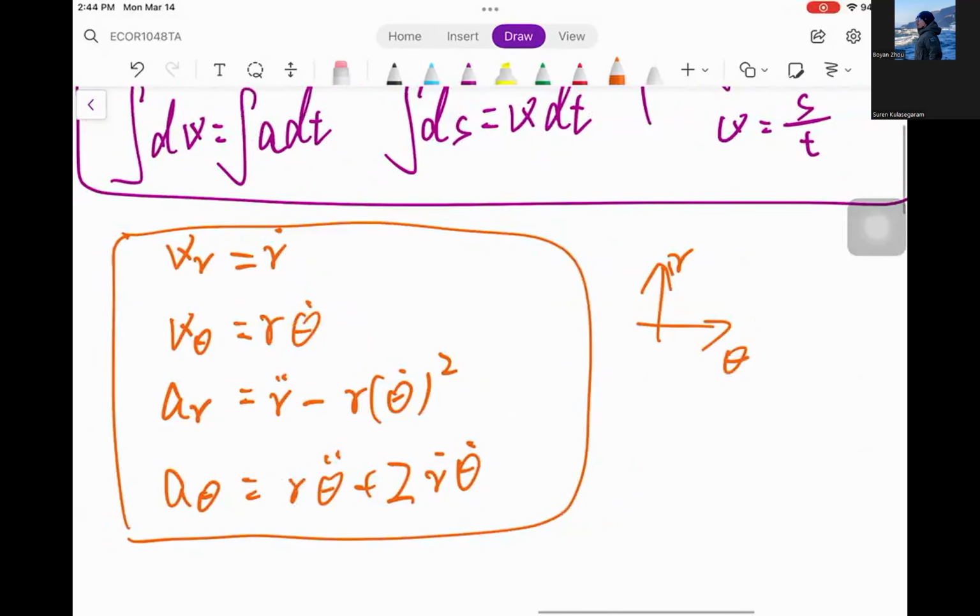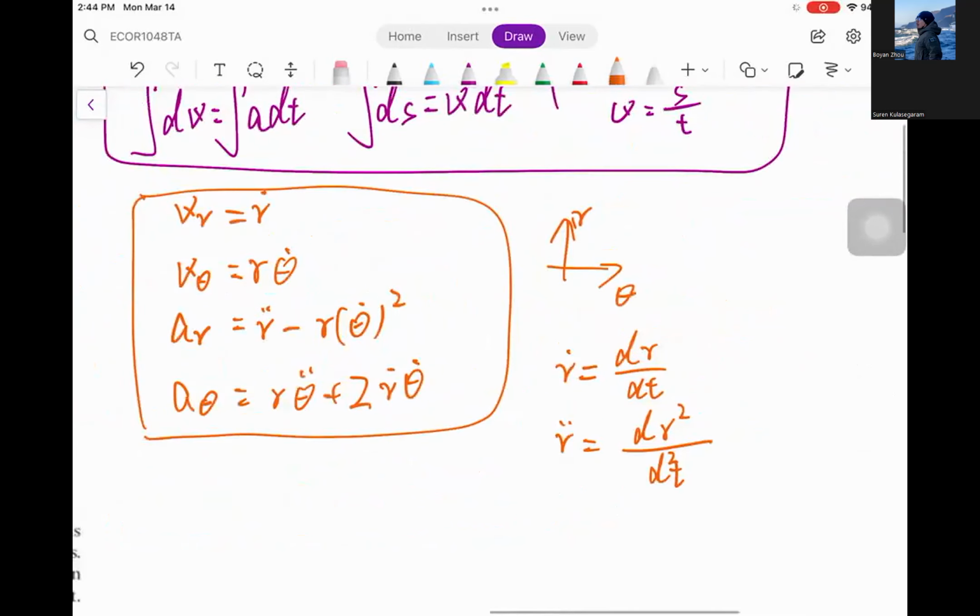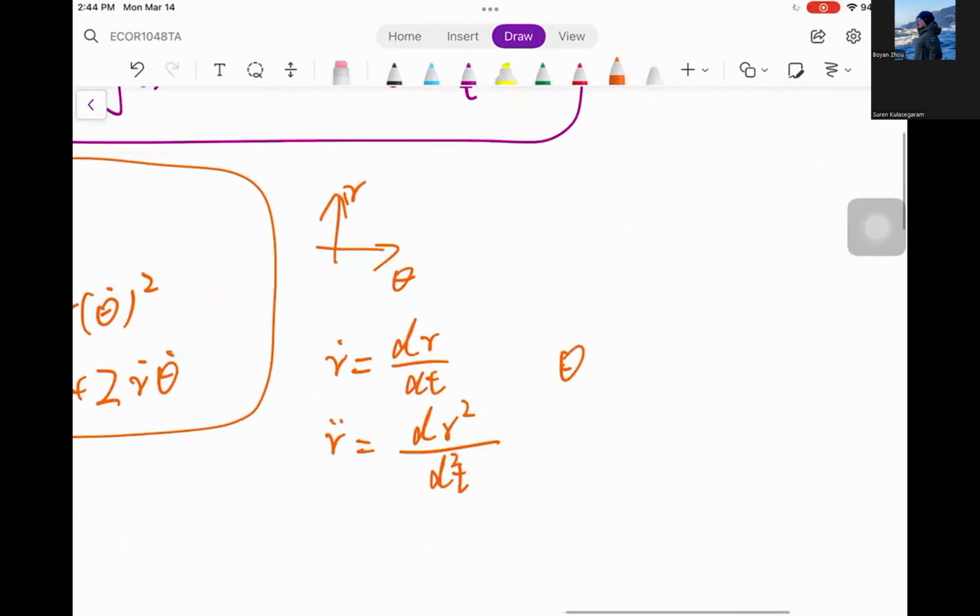So R dot means the derivative of R, so that means we're doing the derivative over time. And if we say R double dot, that means we do the derivative two times. The same thing applies to theta.